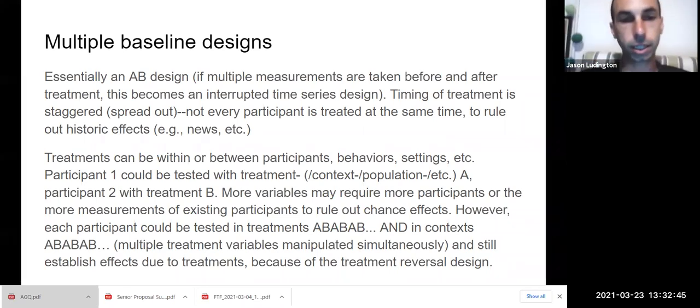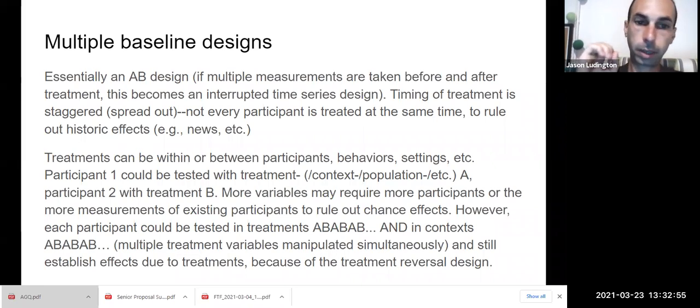That other condition could be not interested in quitting. So we could have participant 1 who's interested in quitting, participant 2 who's not interested in quitting, nonetheless goes through cognitive behavior therapy, and then we can compare the AB design between participant 1 and participant 2.